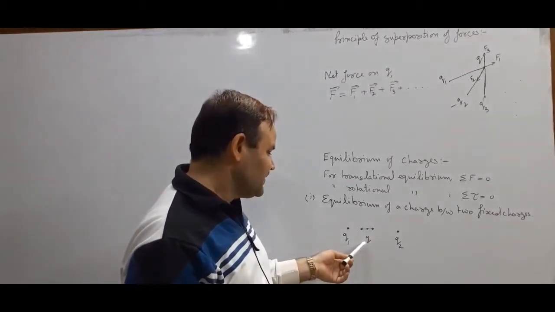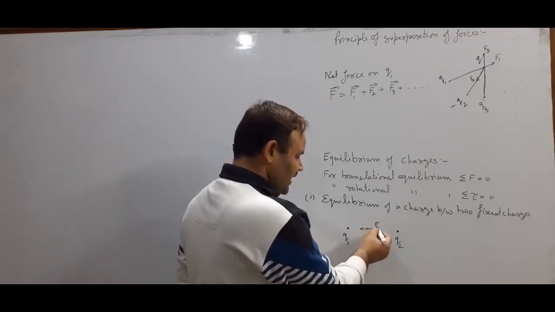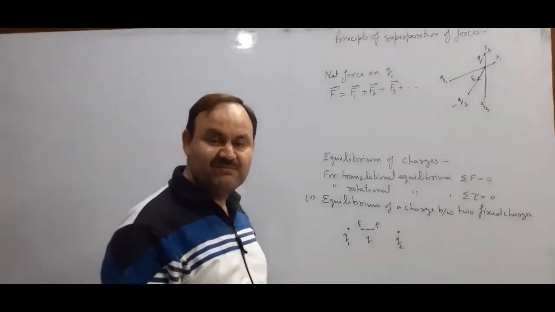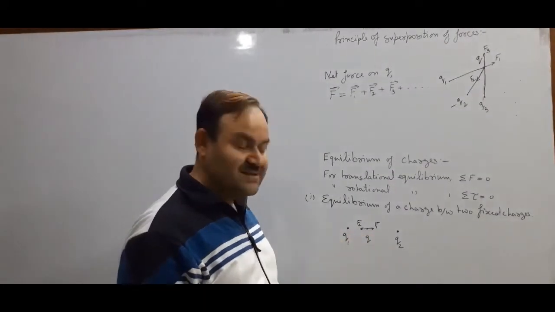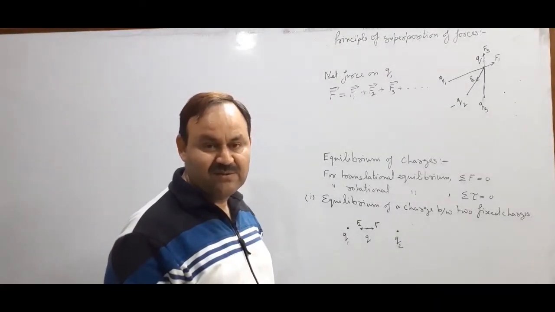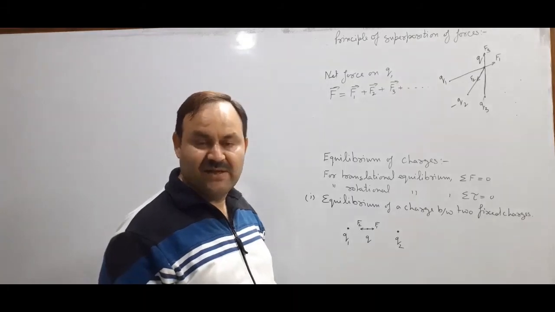It means the forces on Q are in opposite directions. By varying the distance between the charges, we can make these two forces equal in magnitude, and in that situation Q will be in equilibrium.